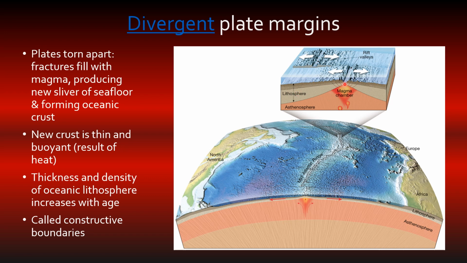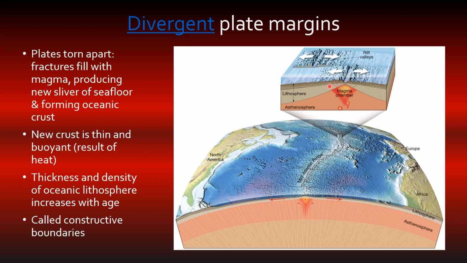This new crust, again, is thin and more buoyant, right, because it's warmer. So these boundaries tend to stay where they are in the crust just because of that buoyancy. That's the preferential place for this magma to want to travel to, because this is more buoyant and it's higher up and it's thinner, right?